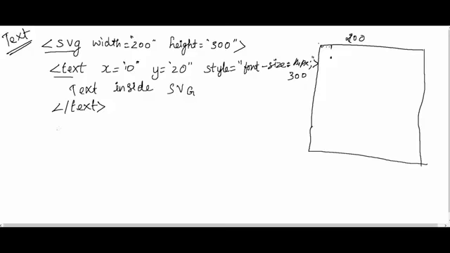Here I can give a fallback message, as we have mentioned for video and audio. If that particular browser does not support the SVG format, this particular line will be executed: your browser does not support SVG.